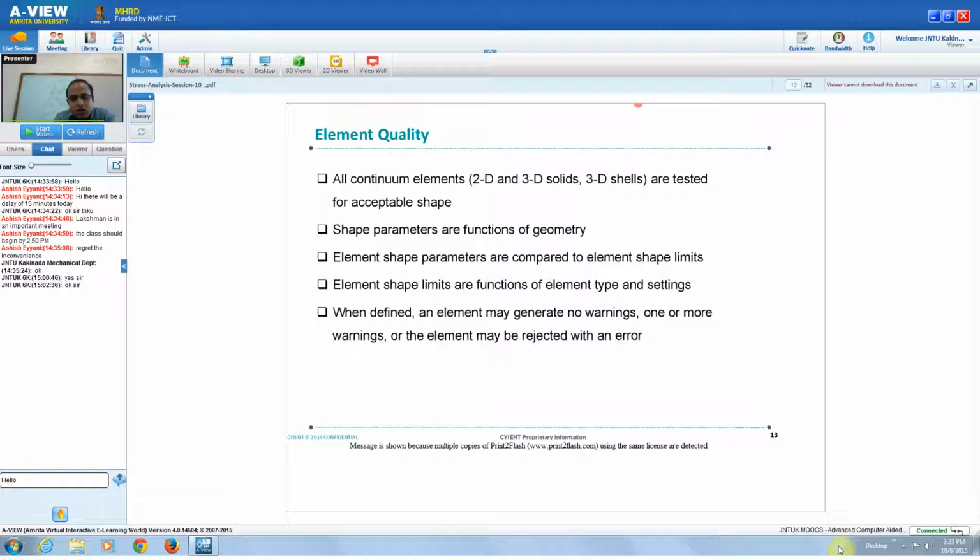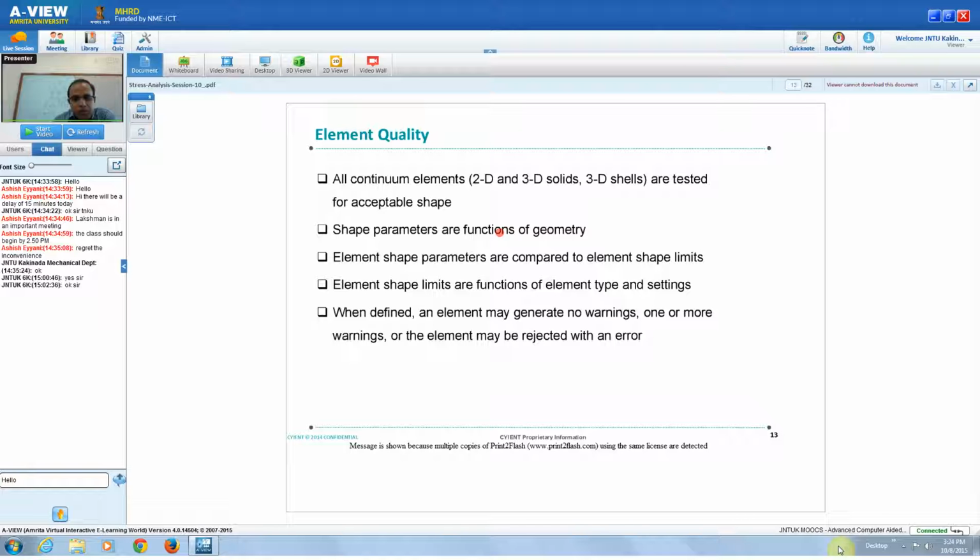Similar to whatever we do for the construction of a house, where we check whether we have done it perfectly or not, even for shell elements and other finite elements, there are some requirements they have to meet. Those requirements are the element quality. There are different requirements for the element to meet the standards.